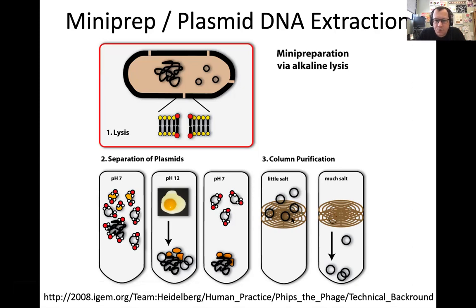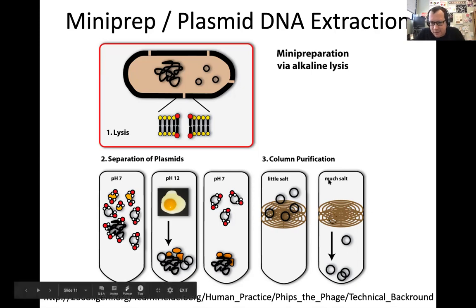Salt causes a little bridge between the DNA backbone and the structure of salt. And so if we have a little bit of salt here, we can get the DNA to stick. We can do some extra washes and stuff. And then we can elute the DNA. And actually, this little diagram shows a lot of salt. We actually use very little salt, and that gets the DNA to come out.